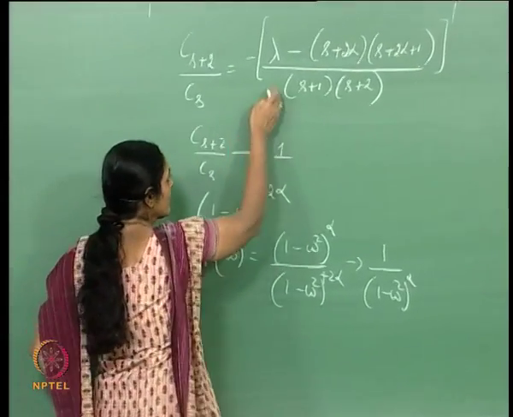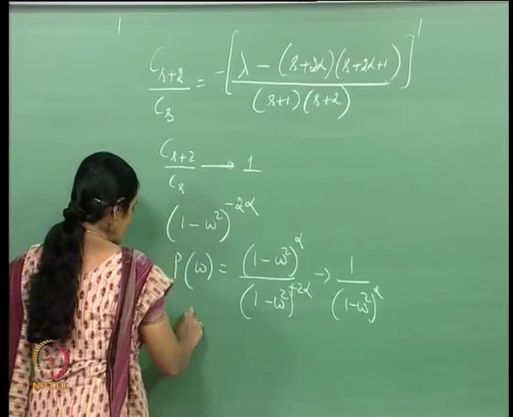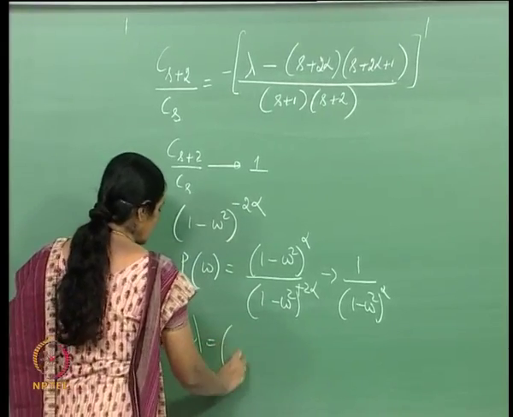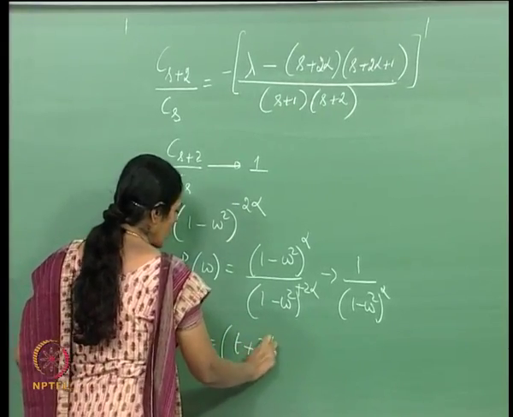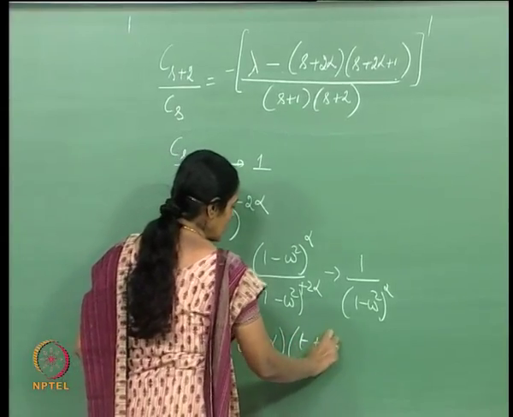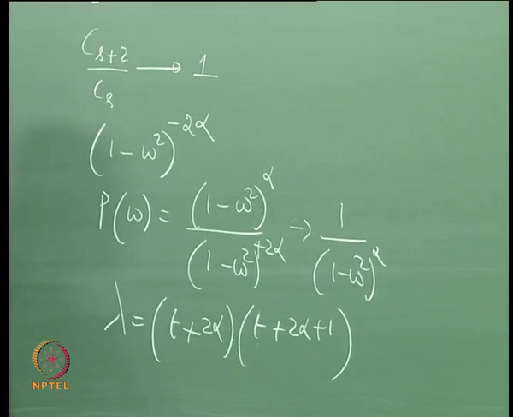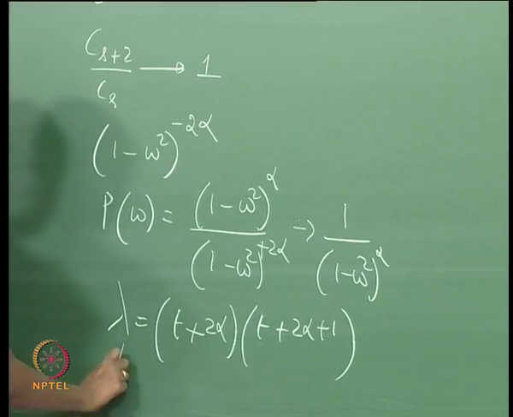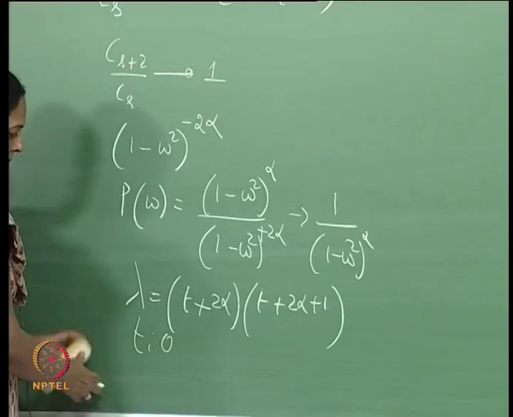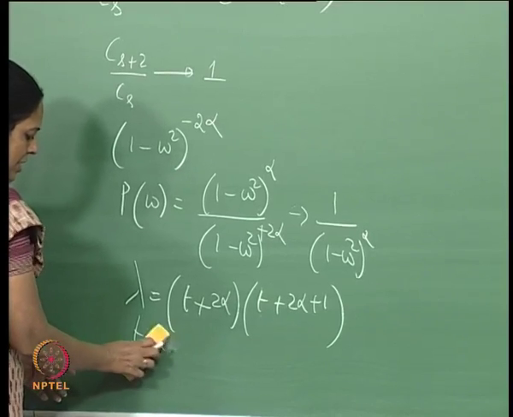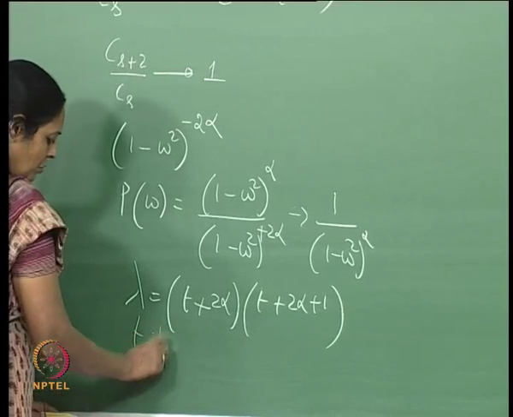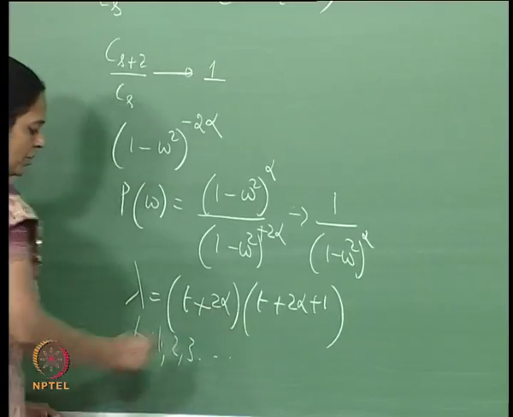In other words, suppose I fix lambda to be t plus 2 alpha times t plus 2 alpha plus 1, where t is an integer. So let's start with 1, 2, 3 and so on.